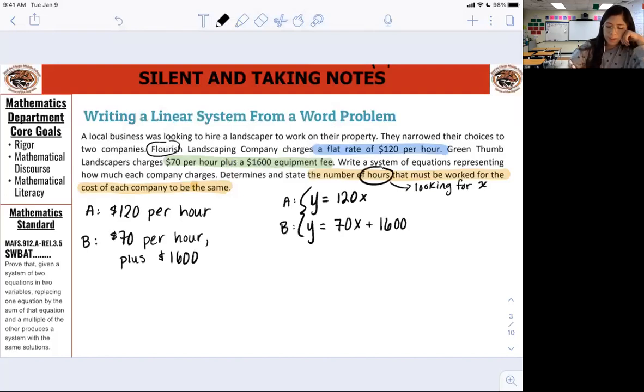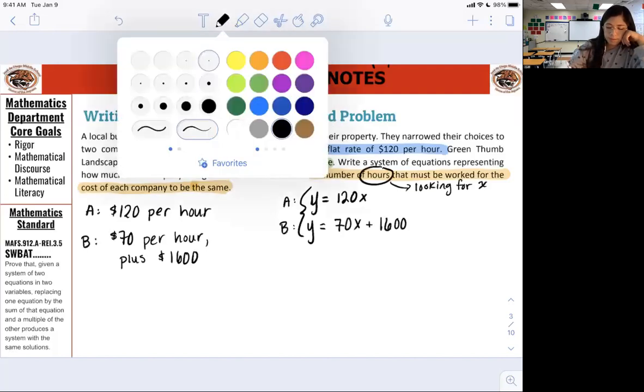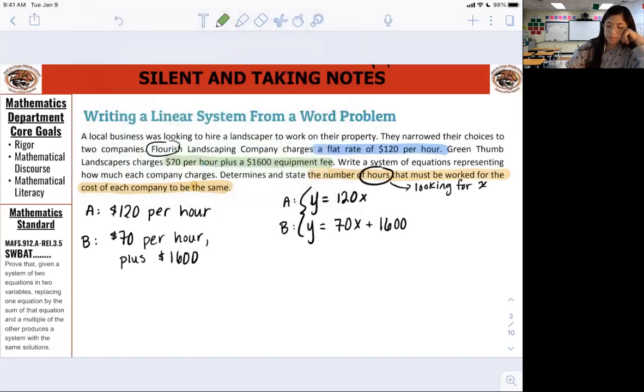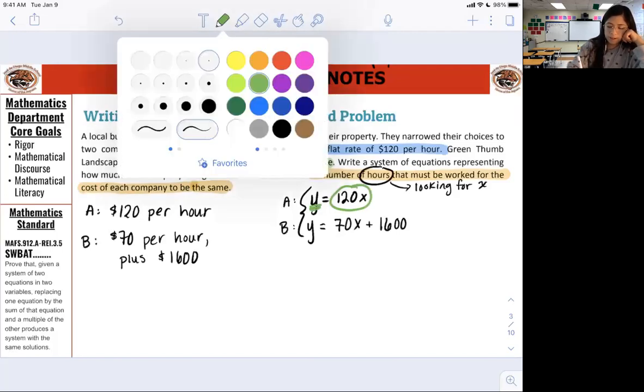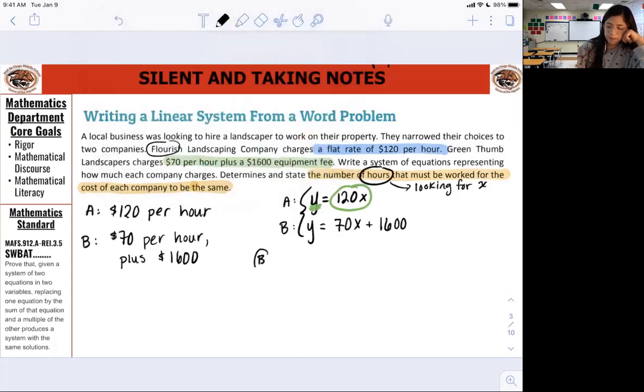How do you know when to use substitution? When a variable is isolated. Good. Well, luckily we have two variables that are isolated, which is actually even better. But let's take the top equation. My y is isolated, so I'm going to take this 120x, and what do I do with it? You plug it in for y. I plug it in for y, yeah. So equation B is y equals 70x plus 1,600.